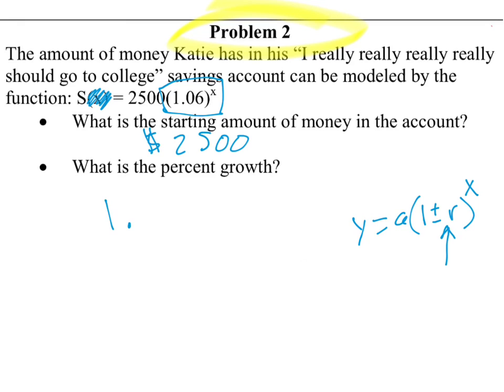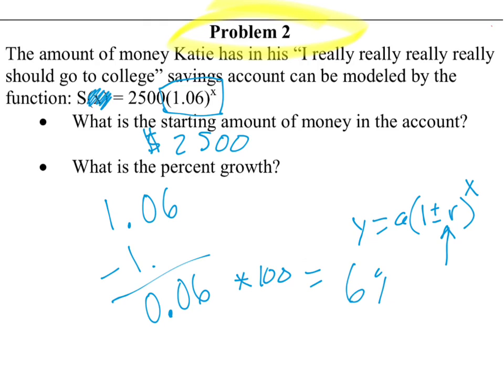And so you can take 1.06 and subtract 1.0 and figure out that it's 0.06. Well, that is the growth, that's percent growth, but it's as a decimal, so we're going to convert to a percent, just times it by 100, and that gives you the percent growth. It's going to be 6%.